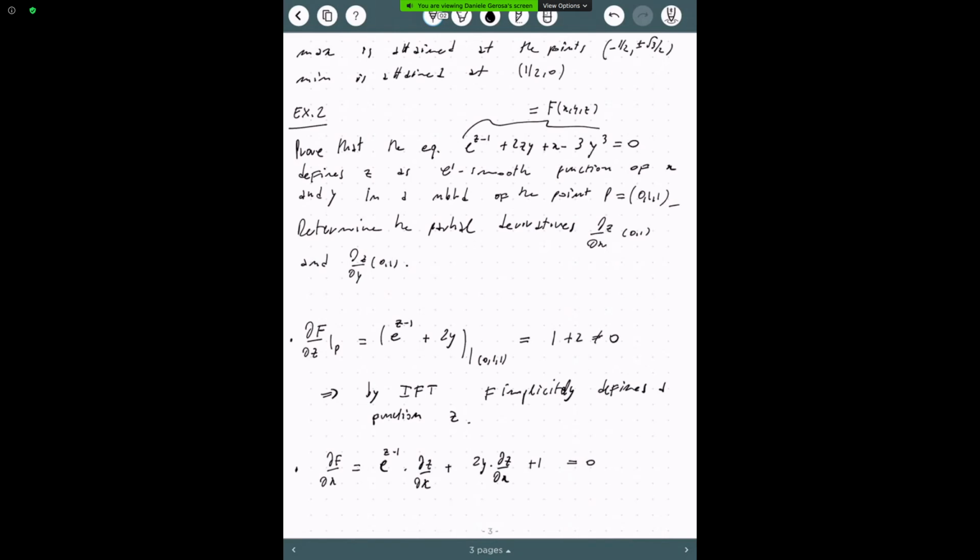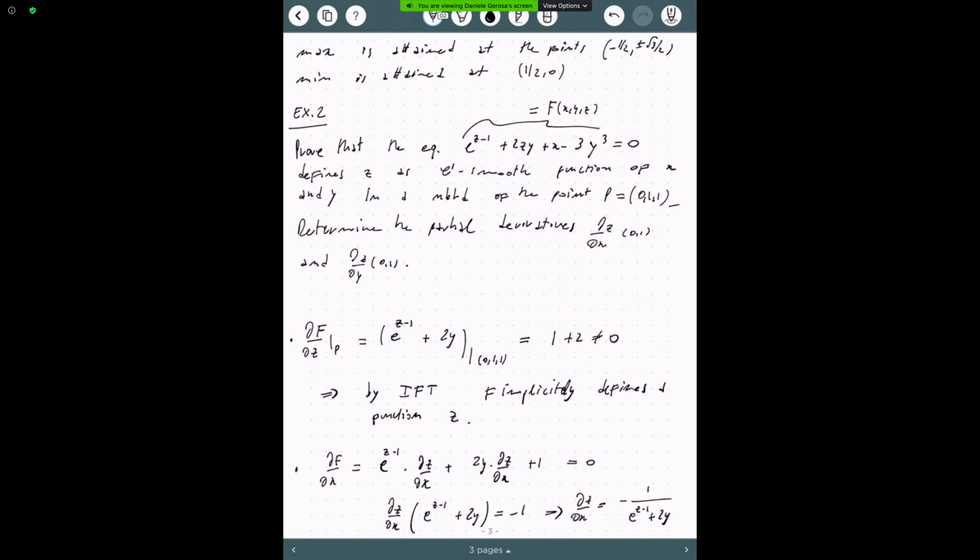Okay, so we can reshuffle, reorder these things. We get this times e to the z minus 1 plus 2y is equal to minus 1, which implies that this is equal to minus 1 divided by e to the z minus 1 plus 2y, right?